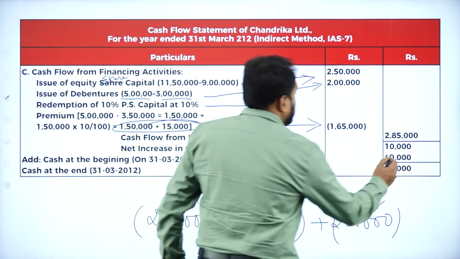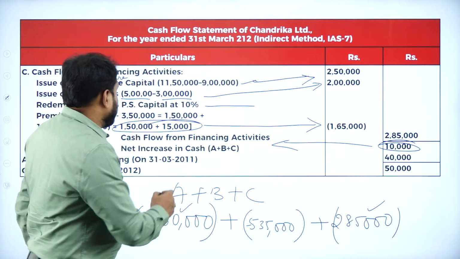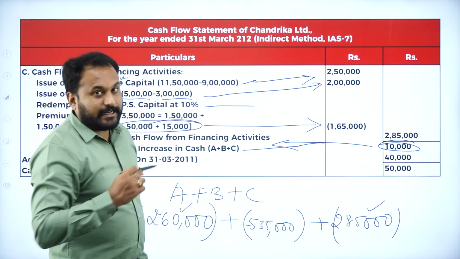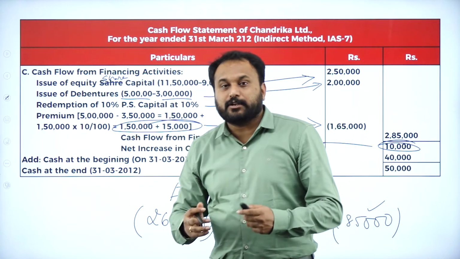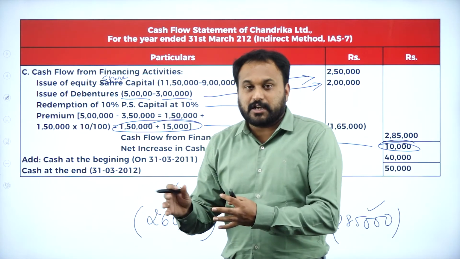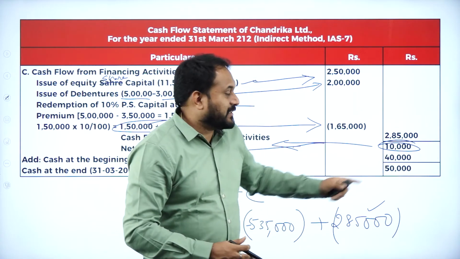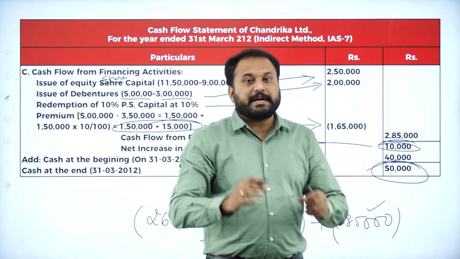So this A plus B plus C is my net increase in cash. My net increase in cash is 10,000 rupees. After that, I need to go with my opening balance, which is 40,000. If I add this, I should get 50,000, and this 50,000 is my closing.